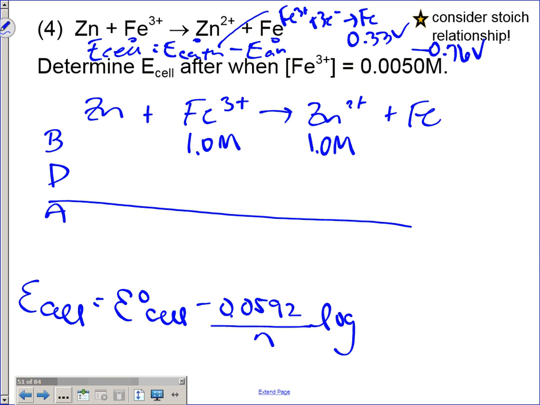The answer is yes. When you balance the equation, you're going to have probably a different number of electrons than what you thought, because you can't have one half reaction deliver 3 and the other one take 2, or vice versa. Yes, you need to balance it first. That's why I said consider stoichiometric relationships here. You got to get some more ratios.